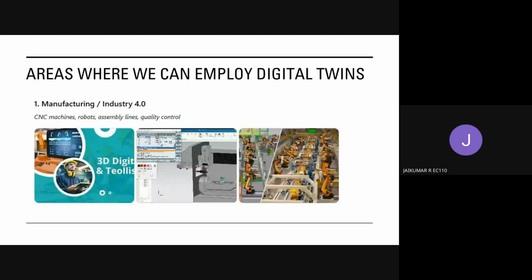This digital twin is mainly used in manufacturing sectors like CNC machines, robotic industries, production lines, assembly lines, quality control, etc. So CNC machine operation, robotics, assembly line, production line, QC control: these processes are repetitive ones. This digital twin is mainly used in this kind of manufacturing sector, like Industry 4.0 setups.